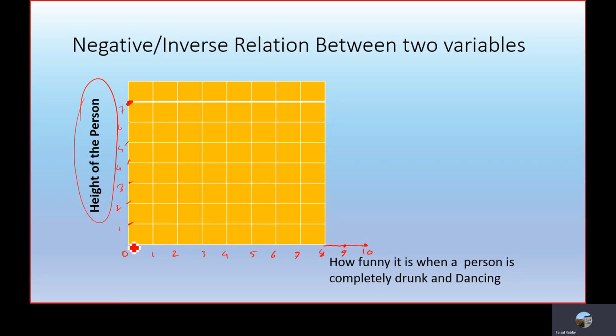So the level of funniness when the height is very tall might not be a lot. When the height is 7, somebody might say, on a scale of 0 to 10, maybe I would think that it is funny at the level of 3, right? So point A would be a coordinate point that pairs very tall height with only 3 level of funniness on a scale of 0 to 10.